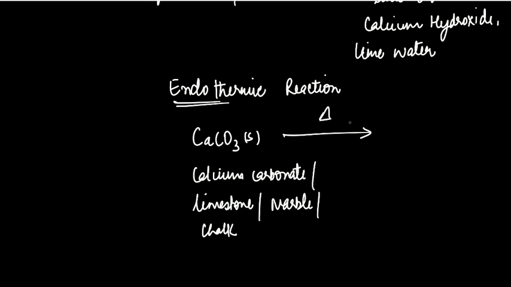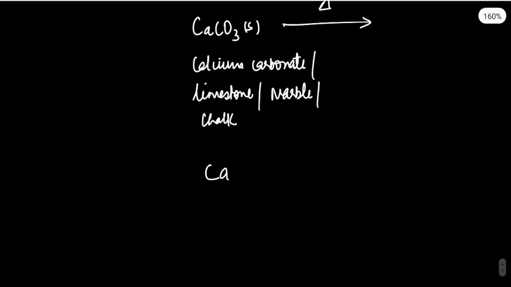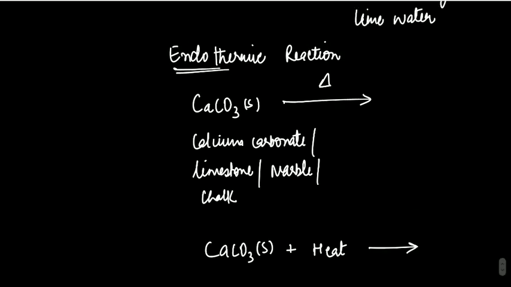So, either you can write a triangle above the arrow, or you can write like this, plus heat. So, when calcium carbonate is going to be decomposed, or when we are going to heat it in a test tube, it has to be raw. It cannot be in the aqueous form, it has to be in the solid form.